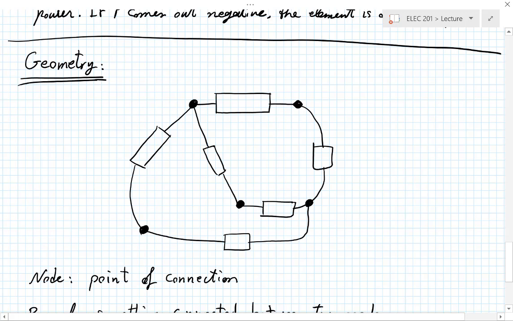You will see all sorts of circuit diagrams, and they will consist of nodes and loops and branches. Sometimes you will find it useful in practice, when you indicate the nodes for yourselves, to remind yourselves that these nodes are really all of this.